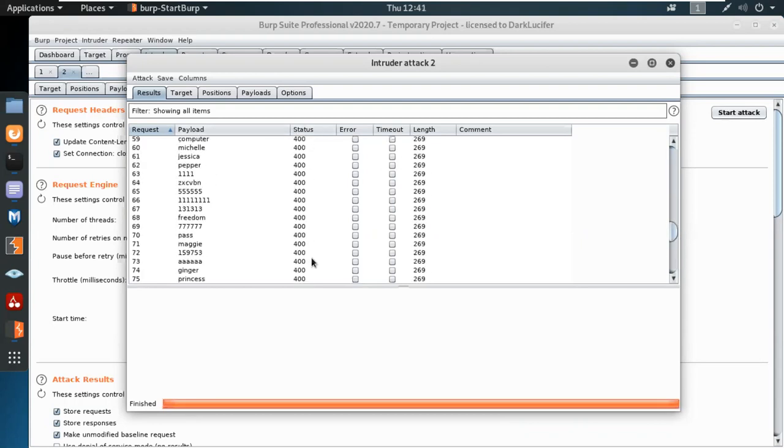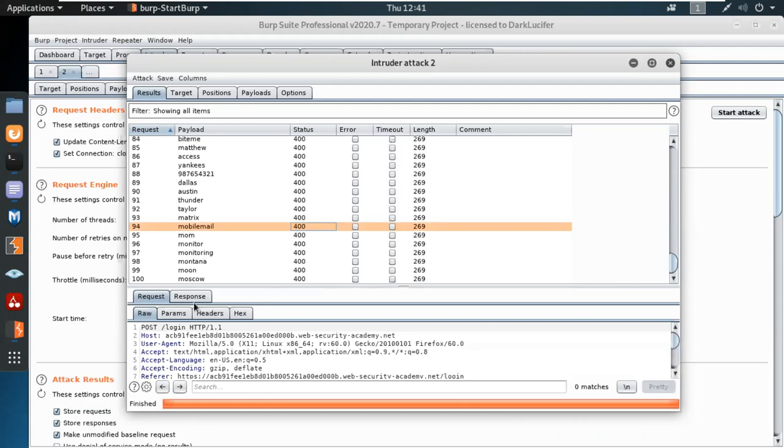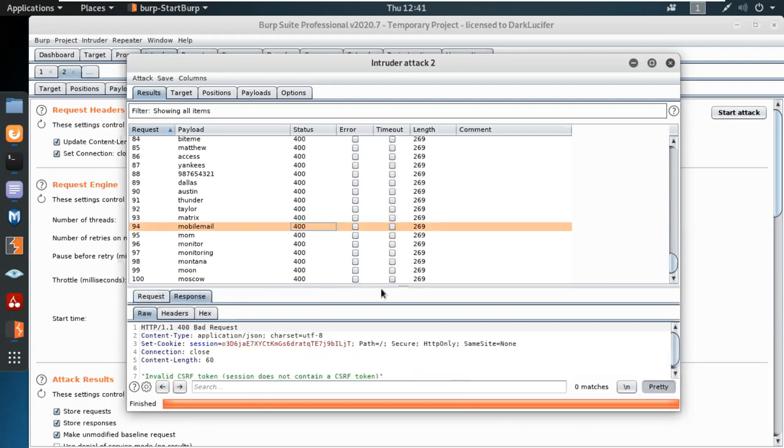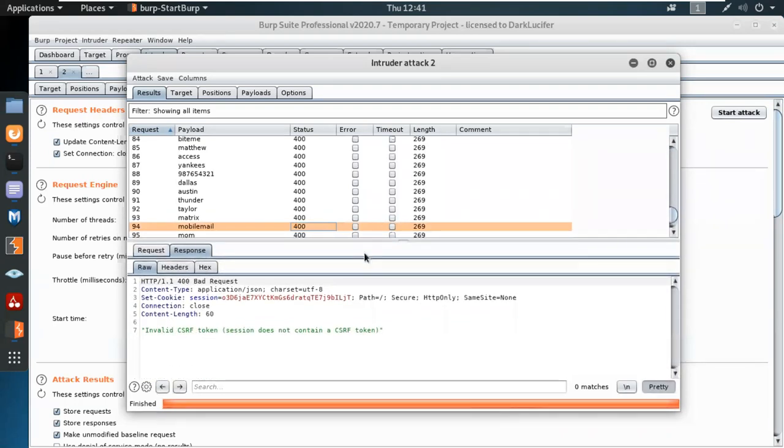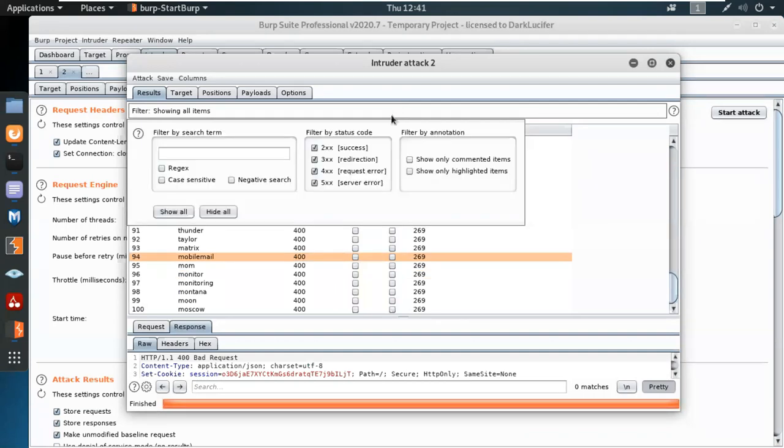We have some 400 requests also, which is our bad request. Bad request, you can see over here: invalid CSRF token. If we found something relevant, we can try to use only 300. Redirection means the packet has been executed or we have been redirected to a different page.